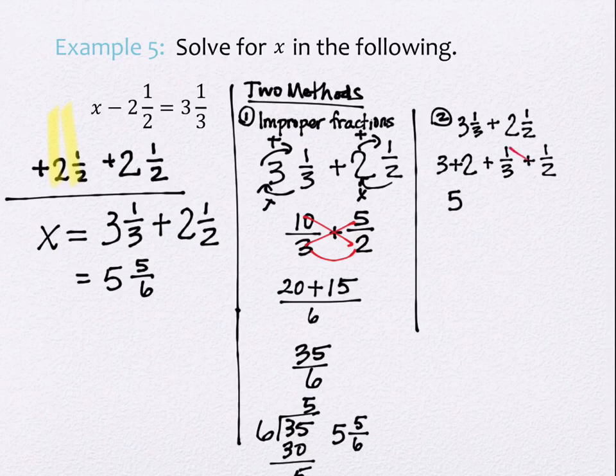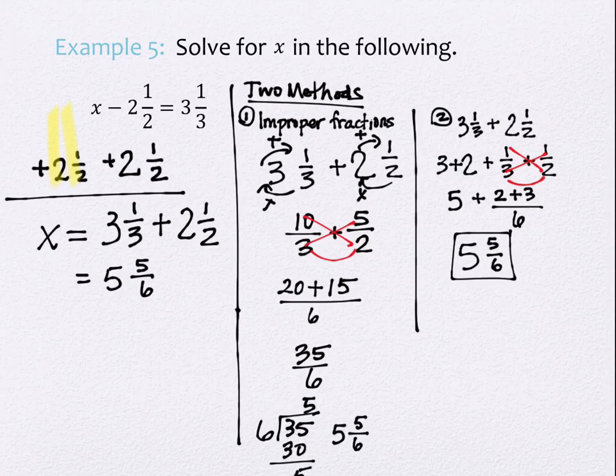And then over here, I do the same thing that I did before. I just have smaller numbers I'm doing it with. So I have still the plus sign here. I have a 2 times 1 is 2, a 3 times 1 is 3, over the 3 times 2, which is 6. So this ends up with 5 5/6. And there's still a chance at this point that when I did the 2 plus 3 on top, I actually end up with something that's improper that I have to change.